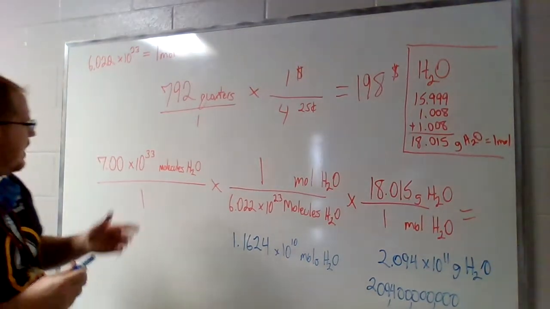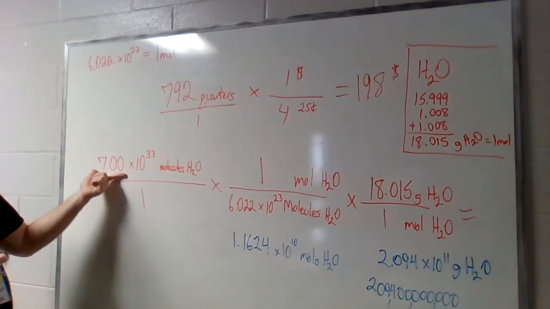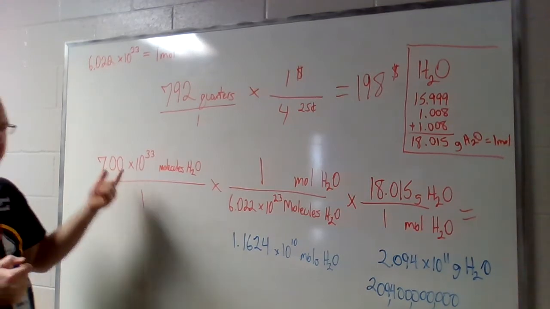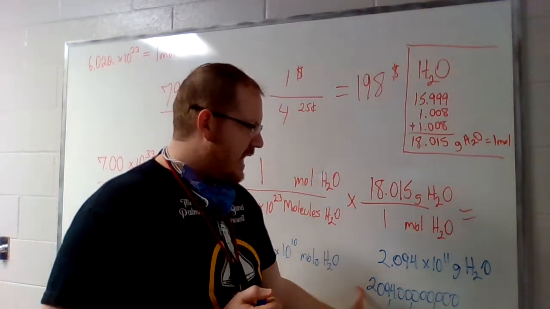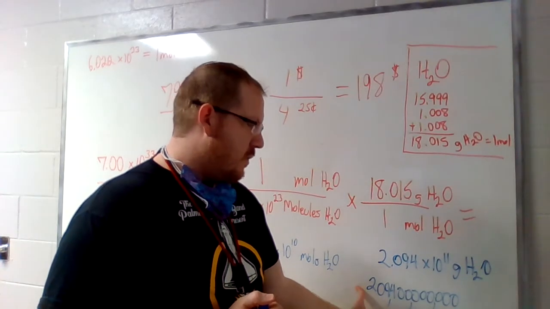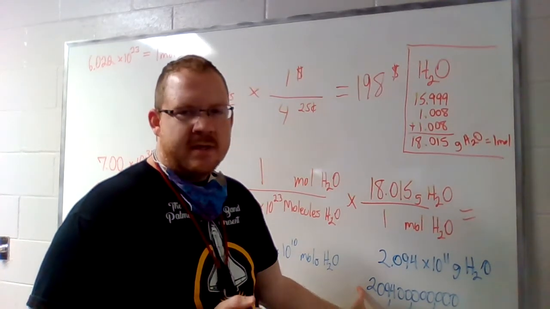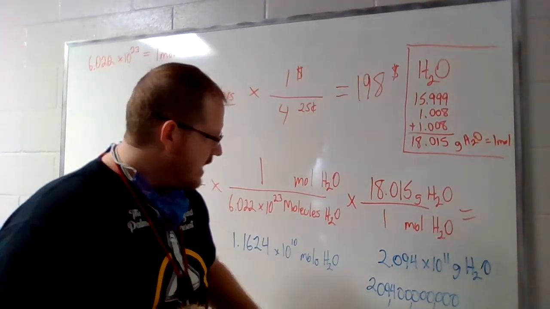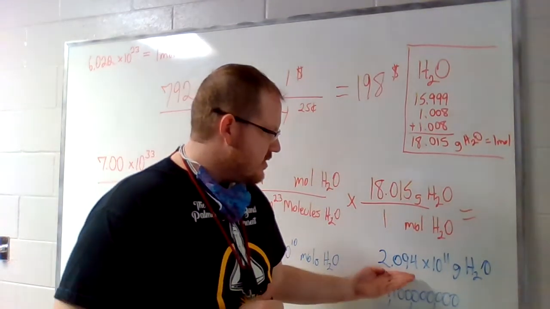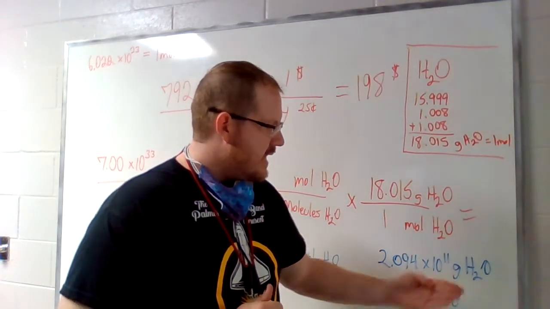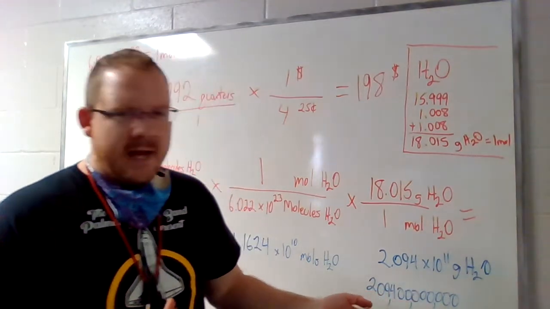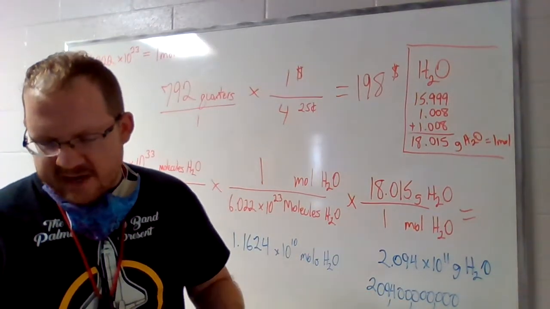So how much does 7.00 times 10 to the 33 molecules of water weigh? It weighs 209 billion 400 million grams. That's the weight that you have. So this is going to be my final answer, 2.094 times 10 to the 11th power grams of water, H2O.